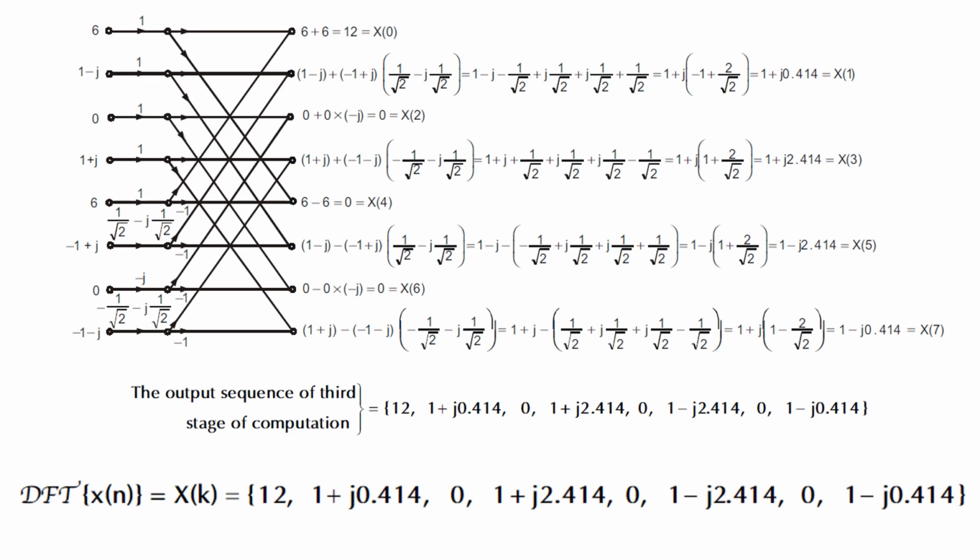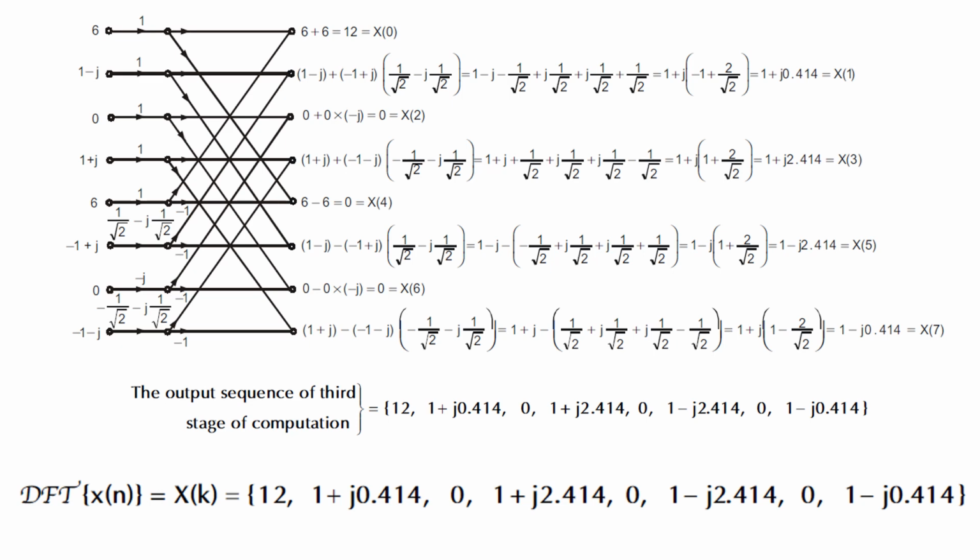So x of 0 is the first output, that is 12, and x of 1 is 1 plus j 0.414, and x of 2 is 0 again, x of 3 is 1 plus j 2.414, x of 4 is 0, and x of 5 is 1 minus j 2.414, x of 6 is 0, and x of 7 is 1 minus j 0.414. So we can write this output stage as a sequence, and this is the DFT of our given x of n.